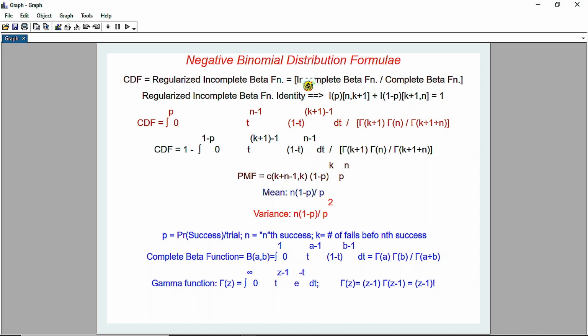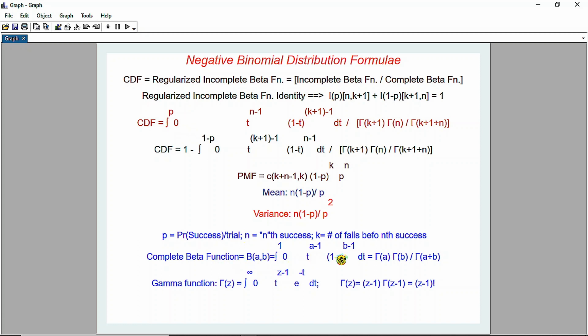And once we divide the incomplete beta function by the complete beta function, that is what we mean by the regularized incomplete beta function. The complete beta function is when we integrate from 0 to 1, and the incomplete beta function is when we integrate from 0 to certain values. So if we integrate from 0 to 1, that is the complete beta function, and if we integrate from 0 to some other values, that is the incomplete beta function.